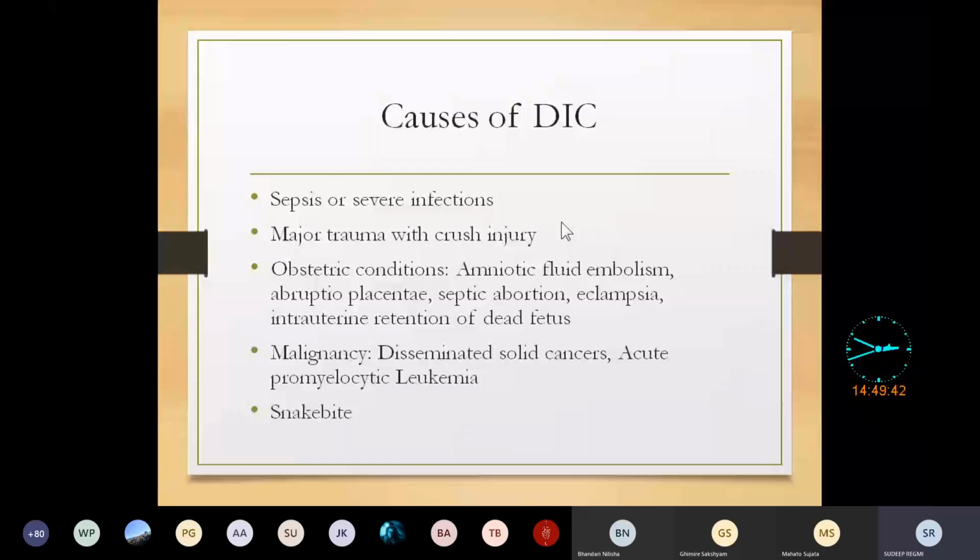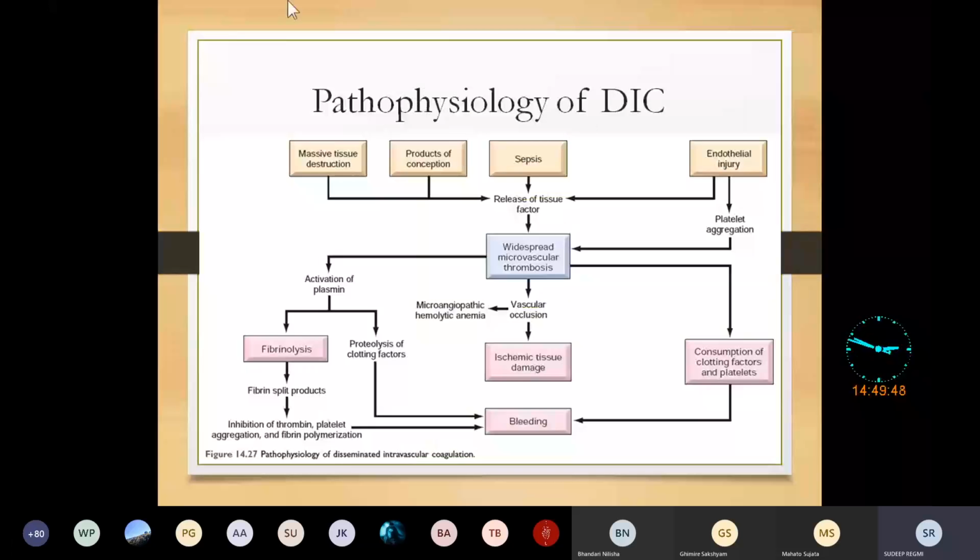So let's go through the pathophysiology of DIC. Here you can see, we had told that release of tissue factor or a procoagulant is a triggering factor for the causation of DIC. So here you can see massive tissue destruction, like in case of polytrauma or any crush injury, or any burn injury.